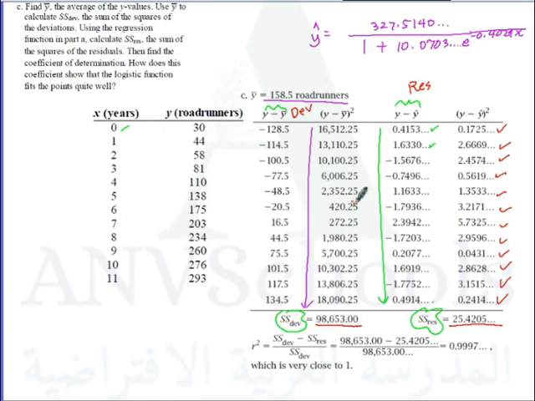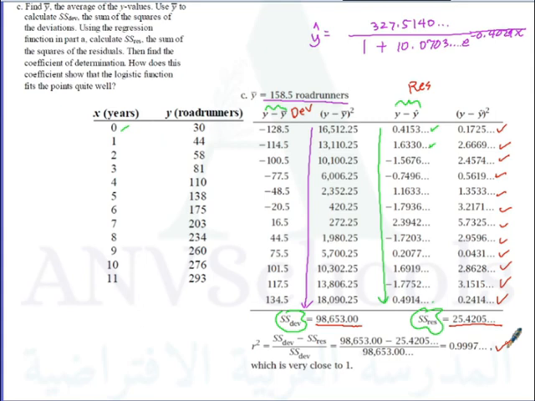And then finally getting the coefficient of determination, r square, is SS dev minus SS res, over SS dev. So that gives us 0.9997, which is the r square, and it is very close to 1, right?